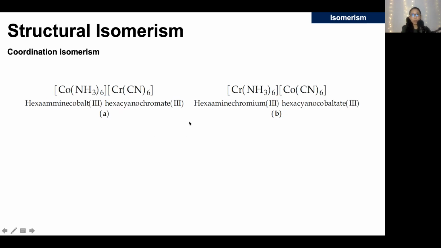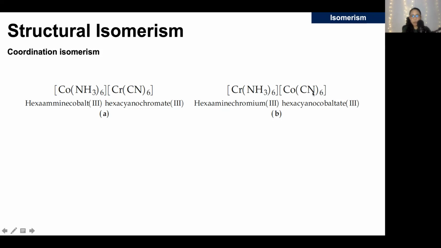The next type of structural isomerism is coordination isomerism. This usually takes place if both cation and anion are complexes. And what happens is that they just switch ligands with each other. That's your coordination isomerism. Here you see, you have the ammonia ligands attached to cobalt and the cyanide ligands attached to chromium.